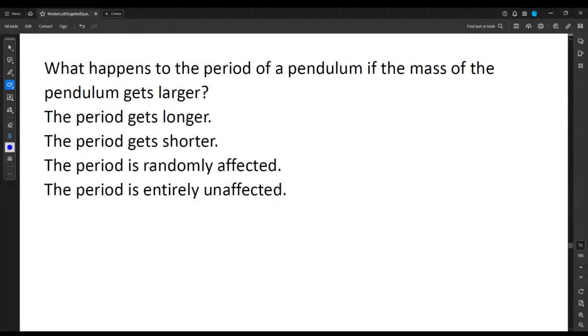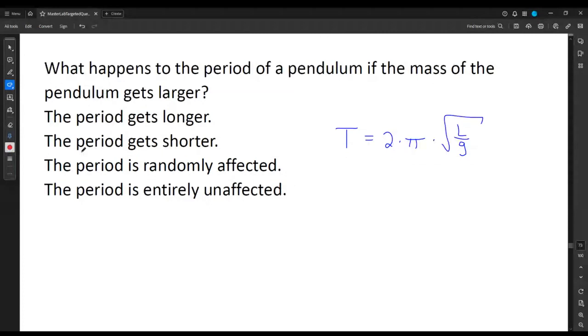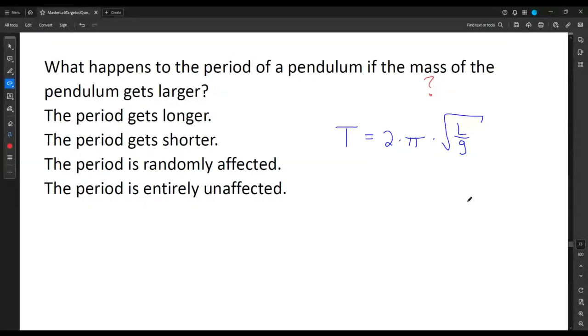Okay, this one's asking what happens if the mass changes in some way. So let's think back on our formula. We saw mass in the formula for a spring, but did we see mass in the formula for a pendulum? No, doesn't make sense. So mass doesn't factor in. So basically, just as long as the thing at the end of the pendulum is heavy enough, then it doesn't matter.